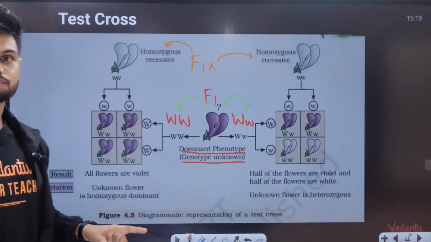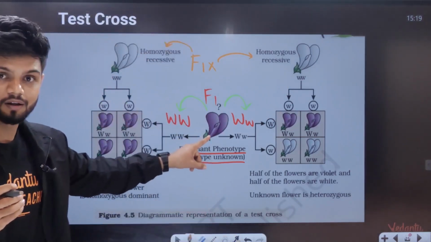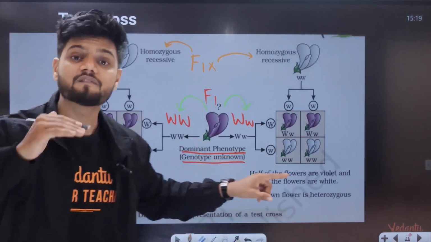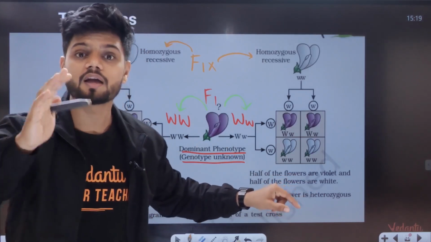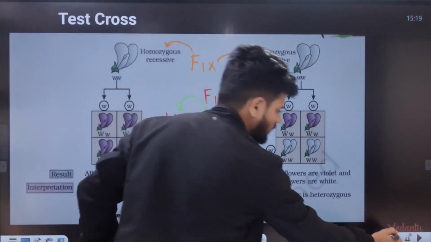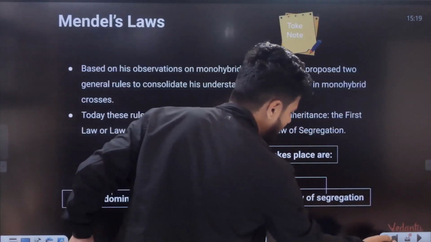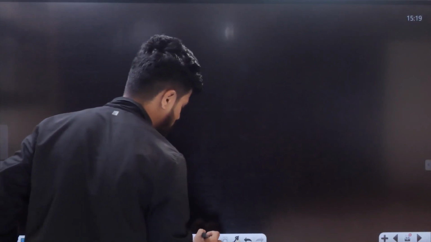Now students, we are trying to find the genotype of your F1 by looking at the phenotype of F2. Very important line, I'll write it here for you in your box. Very important line if you want to understand test cross.